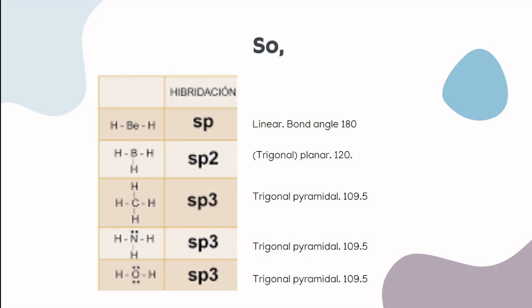So, knowing this, we can infer what the bond angles of these atoms are going to be, for general sp atoms or general sp2 atoms. For sp atoms, they're going to be linear. They have a bond angle of 180. For sp2 atoms, they're going to be trigonal planar with a bond angle of 120. If you're confused about this, it was talked about in VSEPR, which is valence shell electron pair repulsion.